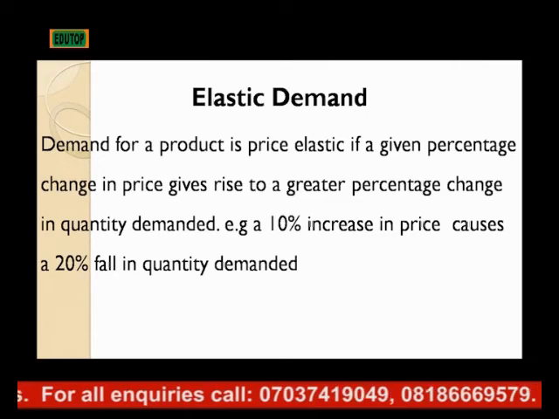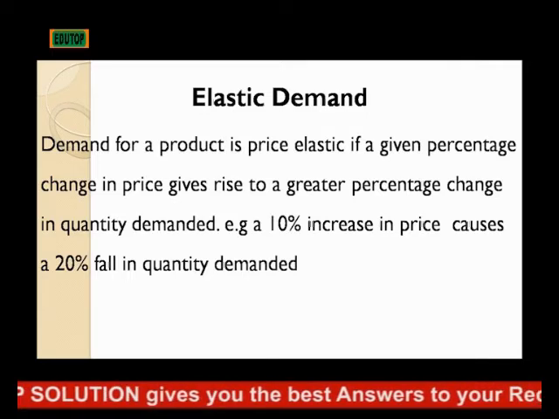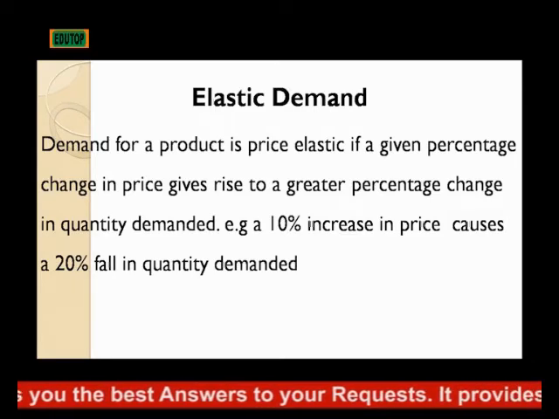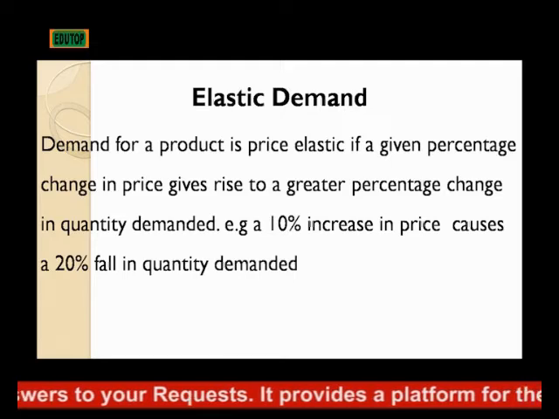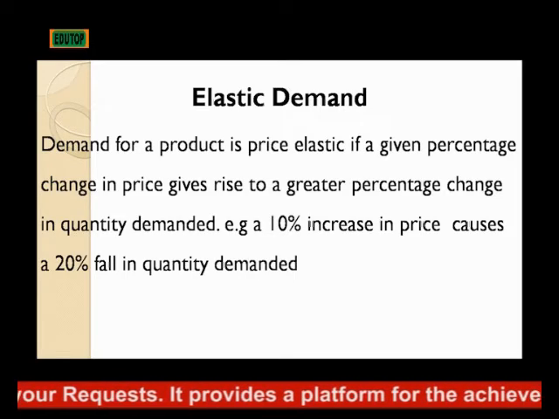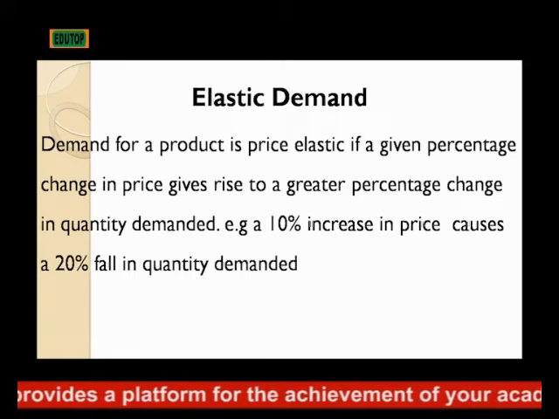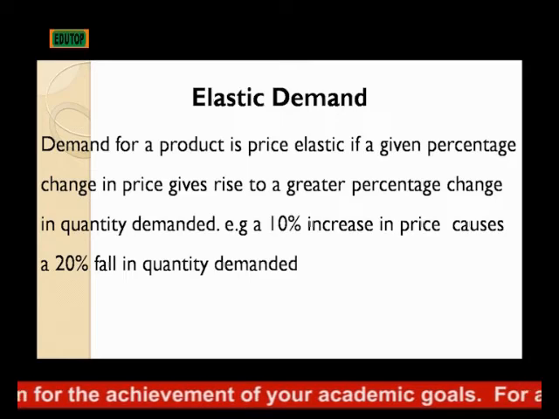When we say demand is elastic, just like we explained, demand for a product is price elastic if a given percentage change in price gives rise to a greater percentage change in quantity demanded. For example, the price of a product increases by 10%, and that increase of 10% in price leads to a 20% reduction in quantity demanded. In such a case, we say the demand is elastic.